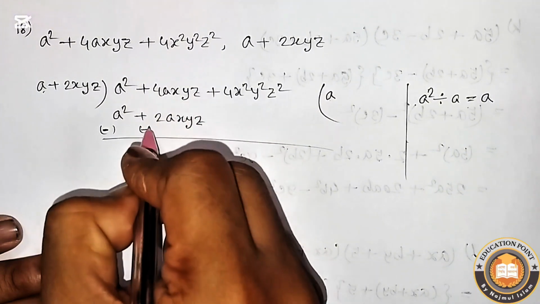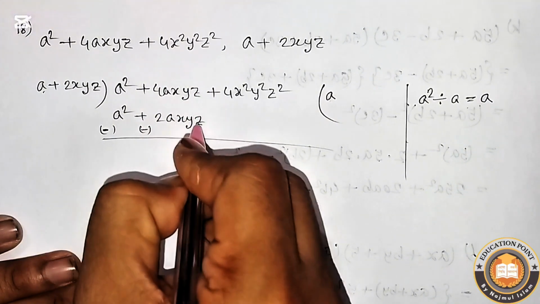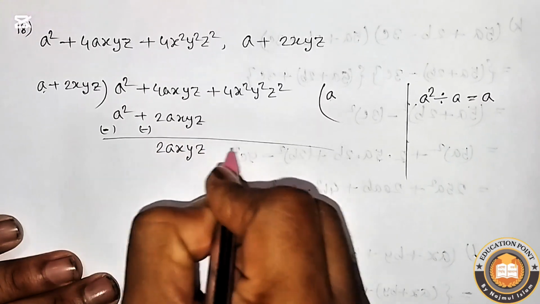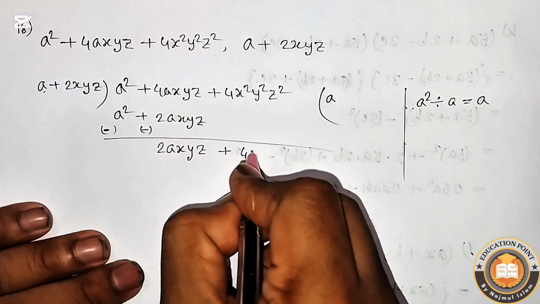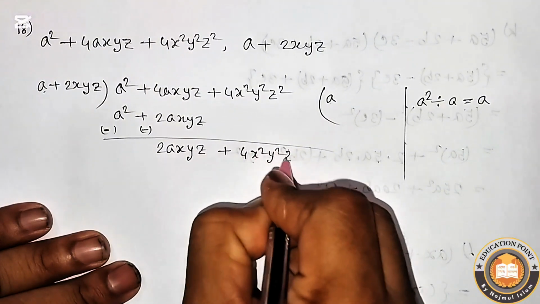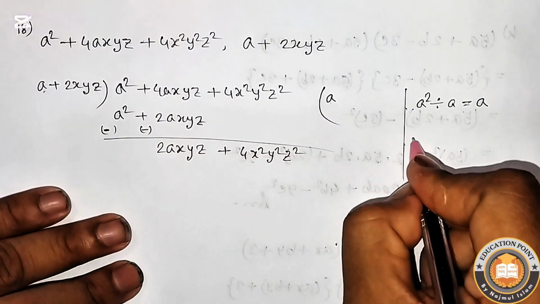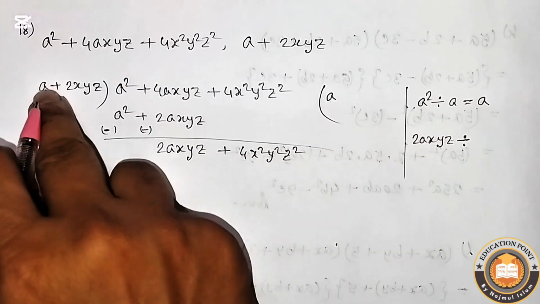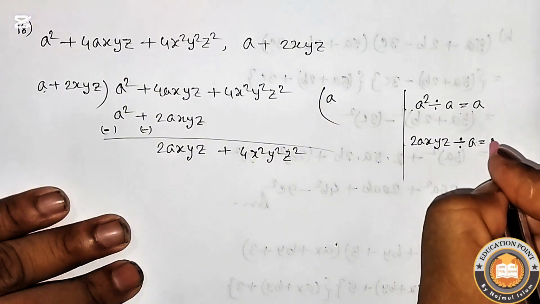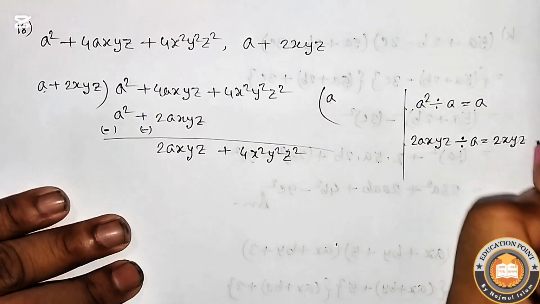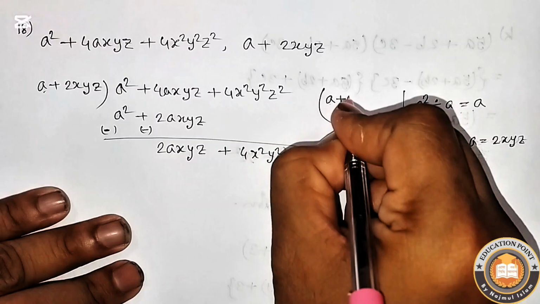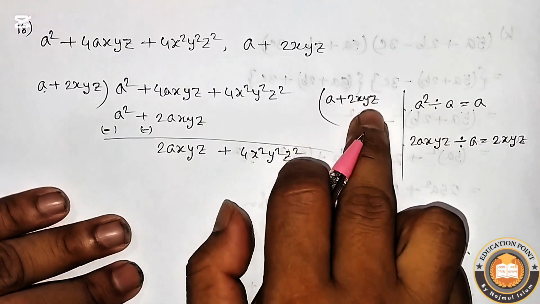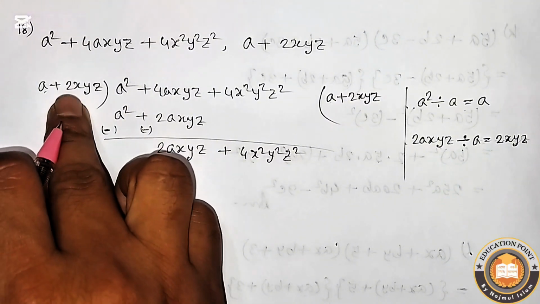4axyz minus 2axyz equals 2axyz, plus 4x square y square z square. Now 2axyz divided by a equals 2xyz, plus 2xyz. 2xyz multiplied with a plus 2xyz.